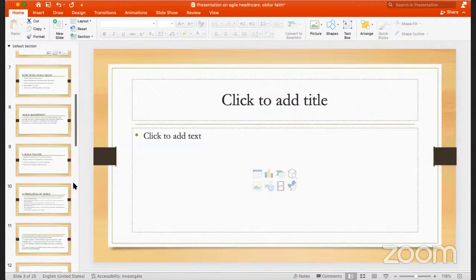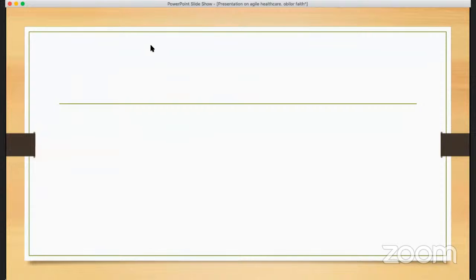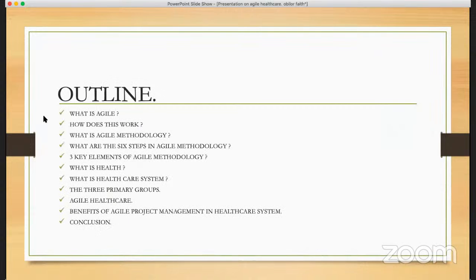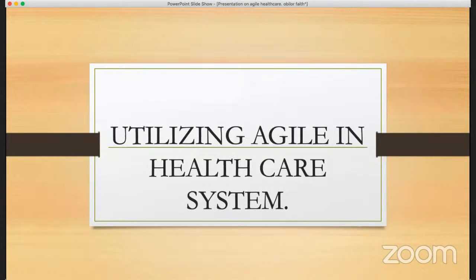It's at the bottom. It's the right. Yeah, yeah. Is it better now? Yes, it is.